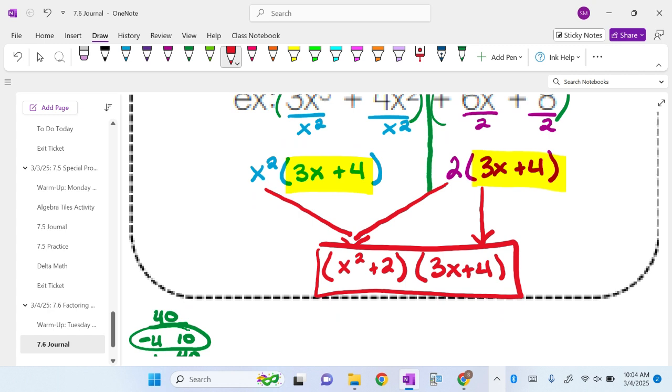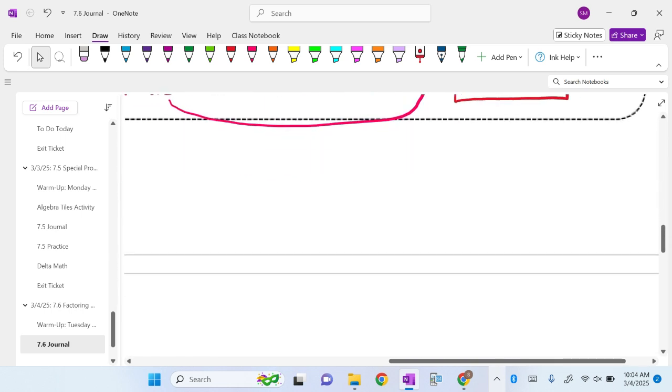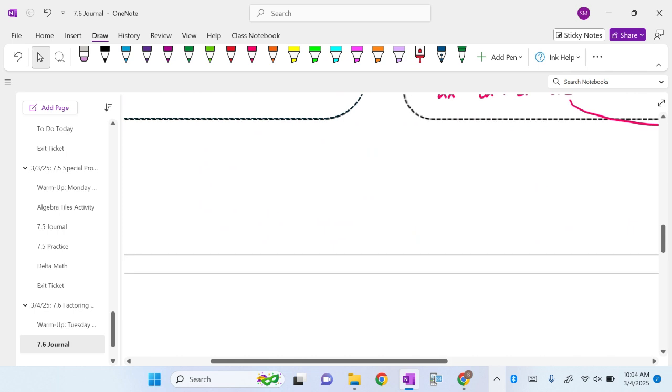So in your journal, either on the left side of the page or on a new page in your journal, we're going to do some handwritten examples. All right?